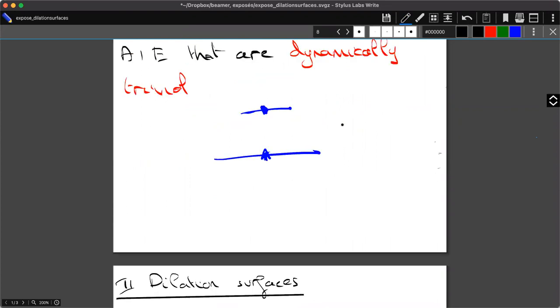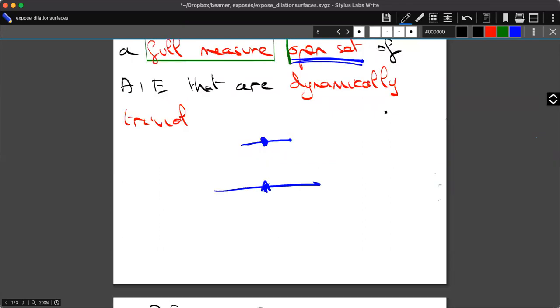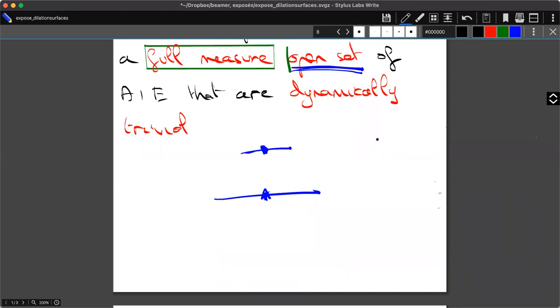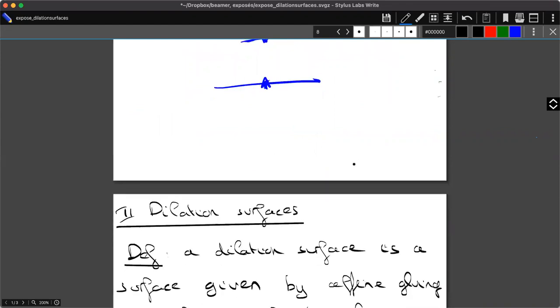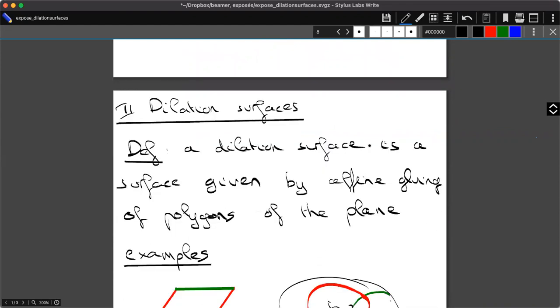Okay. So the way to address this question is a geometrical way, and in order to understand this affine interval exchange better, we will introduce geometric objects that are naturally associated to them and a bit more general. Those objects are dilation surfaces. I will keep it informal because I wasn't sure that you know geometry very much; it involves a bit of non-trivial geometry to define it properly.